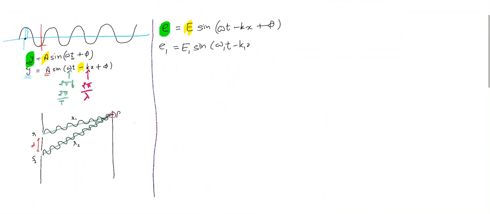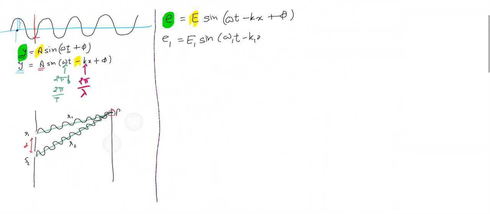The second wave gives electric field E2 at point P, with maximum value E2 sine(omega 2 t minus k2 r2 plus phi 2).